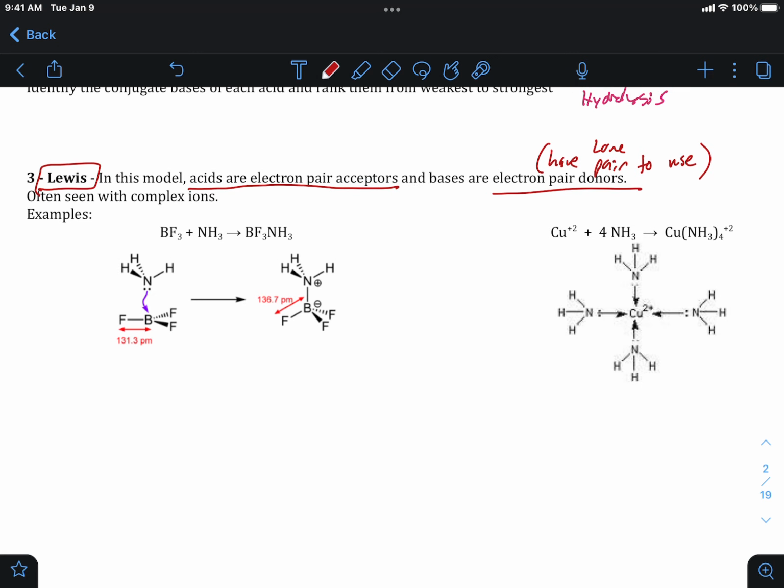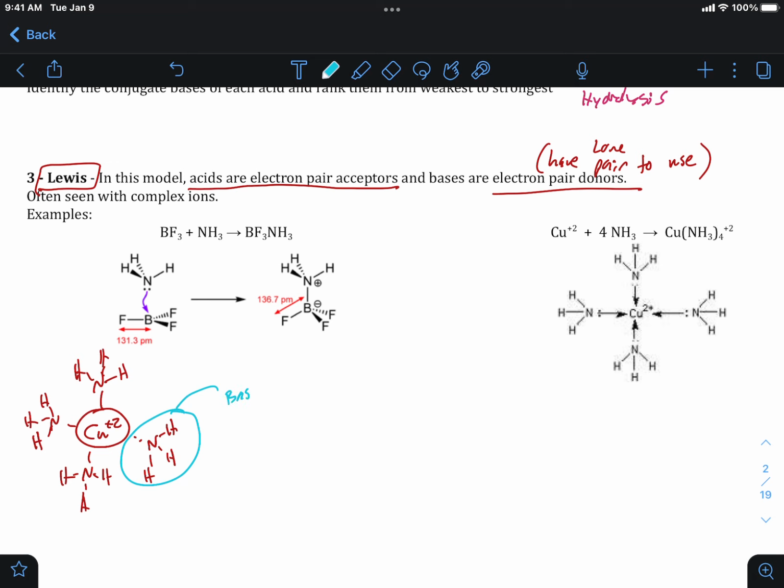So if we look here, actually, let's talk about that one first because I just brought it up. Here's the copper 2 ion. You guys dumped a bunch of concentrated ammonia with copper solutions, and you formed the tetraammine copper. In any complex ion, the ligands are bases.